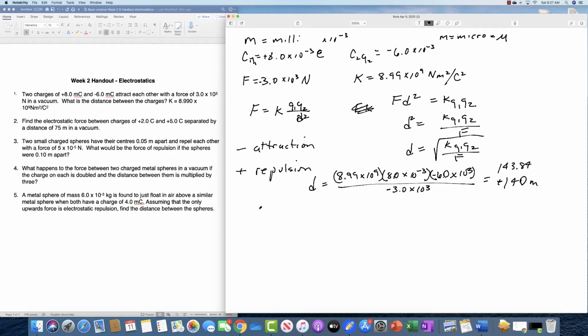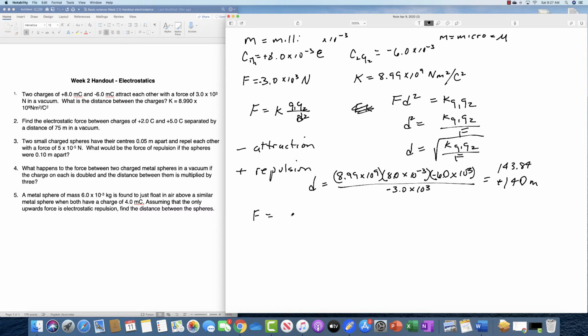Okay, the second problem, and I'll try to do these a little faster now that I went through some of the principles. The second problem, find the electrostatic force between these two separated by a distance of 75 meters in a vacuum. Okay, so all you have to do is plug the numbers into this equation.